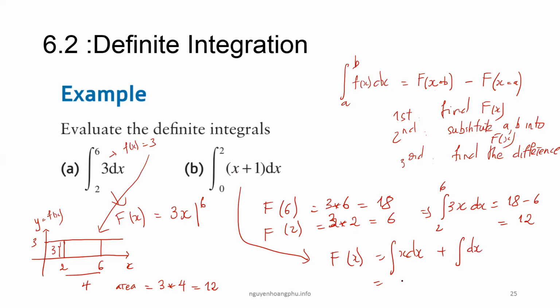So this one is going to be x squared divided by 2, right, plus x to the power 0 plus 1 divided by 0 plus 1. You can do it in this way if you are confused. Otherwise, you just think it's x, right? Plus, so here x squared over 2 plus x. Then you substitute 0 and 2 inside here to find F2 and F0.